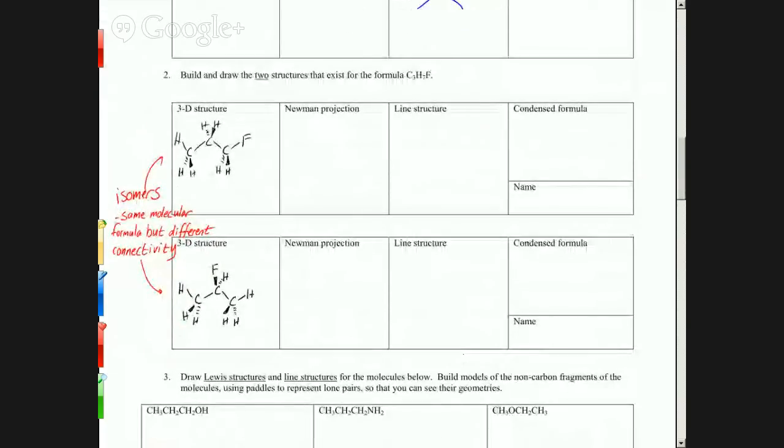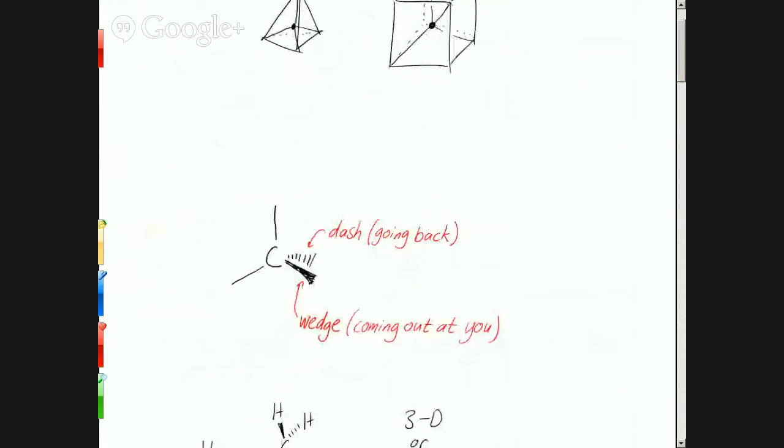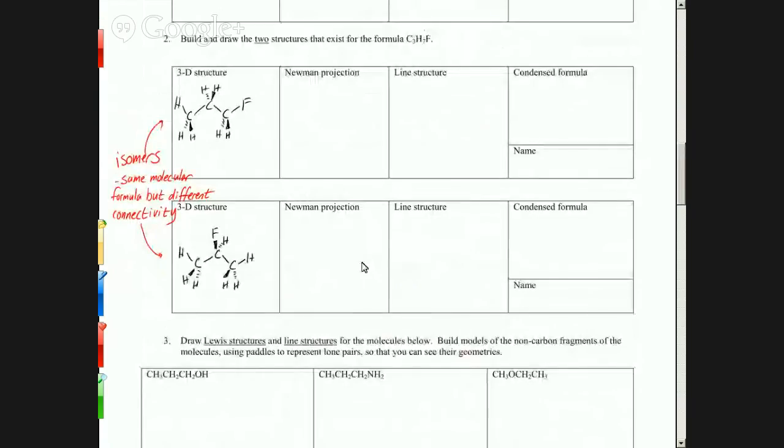So now see if you can draw line structures for your 2 isomers with fluorine here. And then see if you can draw your line structure for butane. And then we'll go back and do some of these other ones as well. Think about those rules, and it doesn't have to be right. Just put something down that you think follows those rules and expresses those structures.